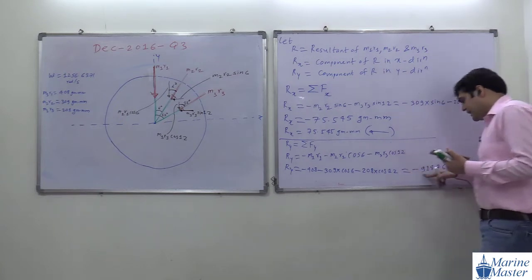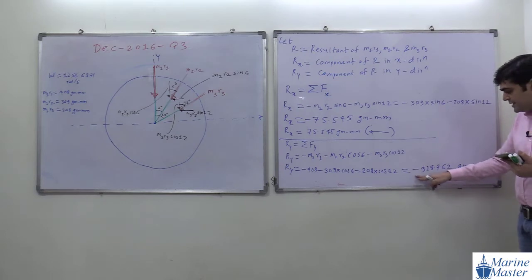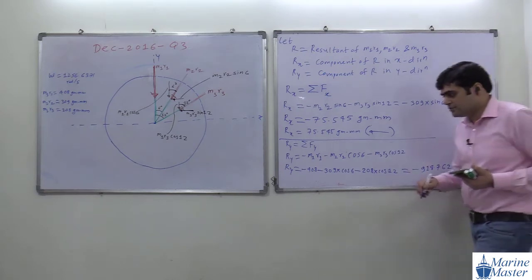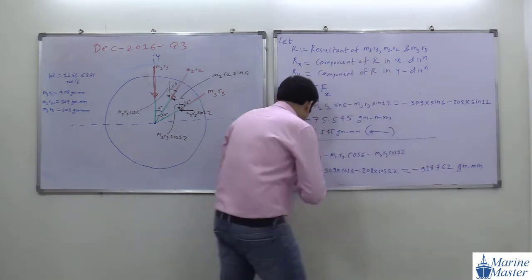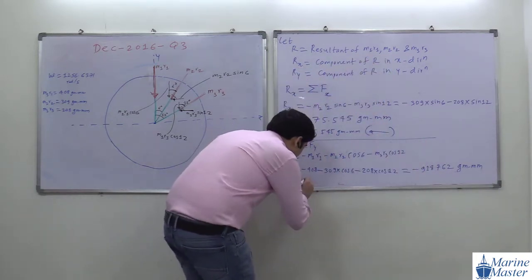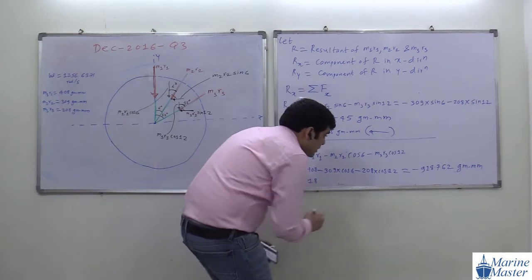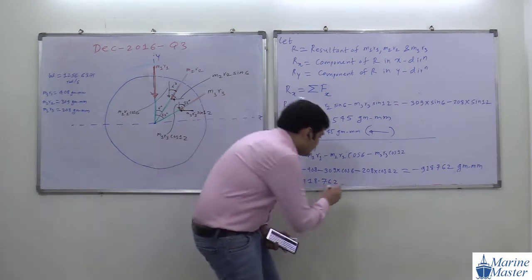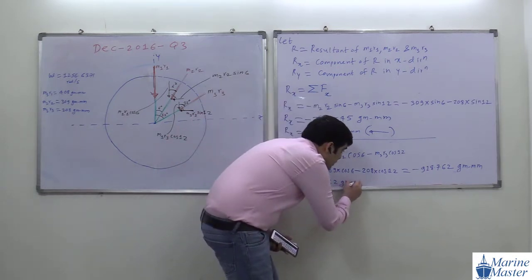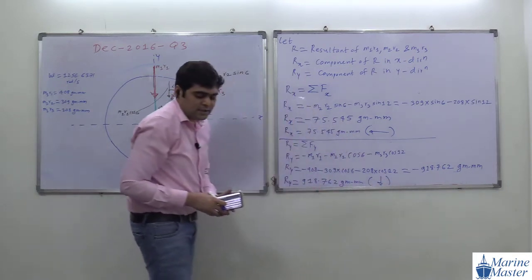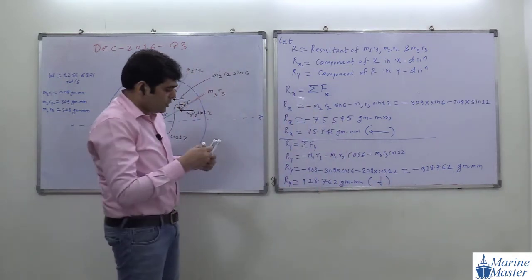So it is coming minus. This value is coming minus. So what can we write? Ry is equal to 918.762. I am writing the positive value because I want to mention direction here. Gram mm. Minus means what? It must be downward.